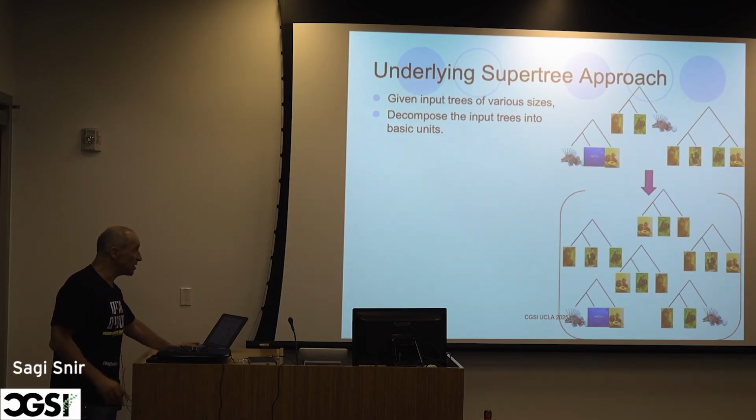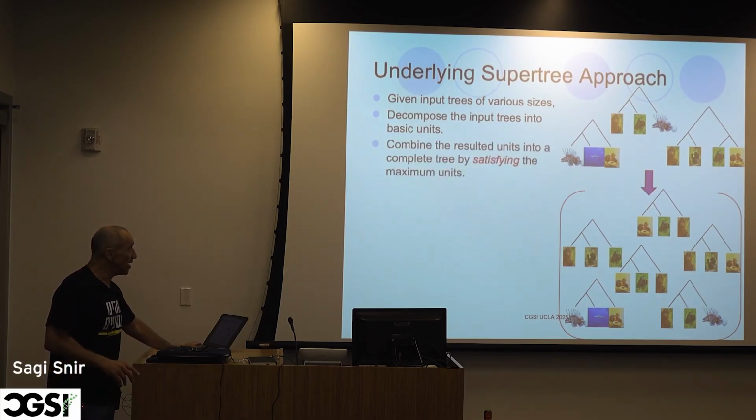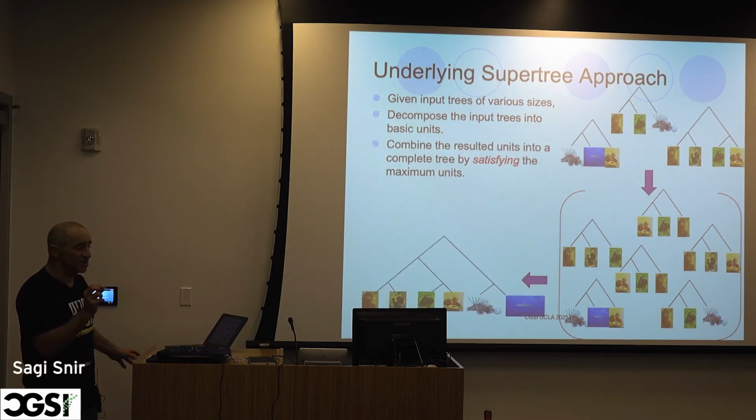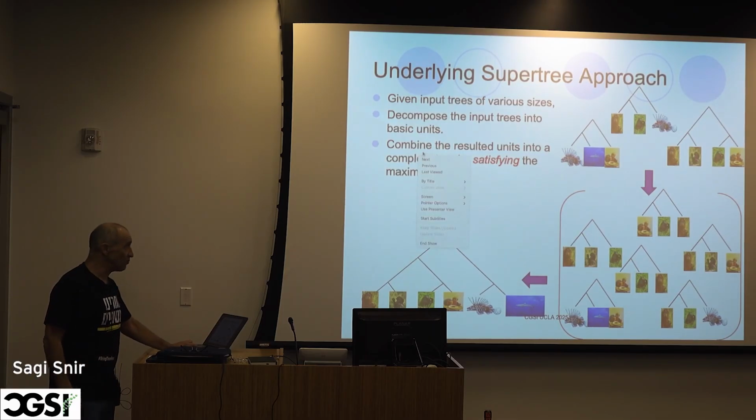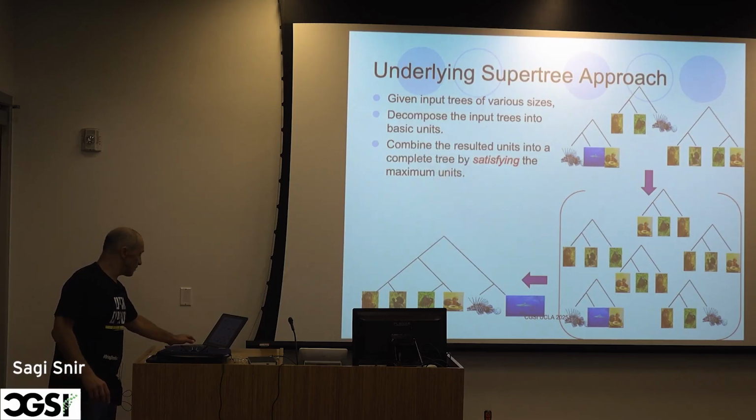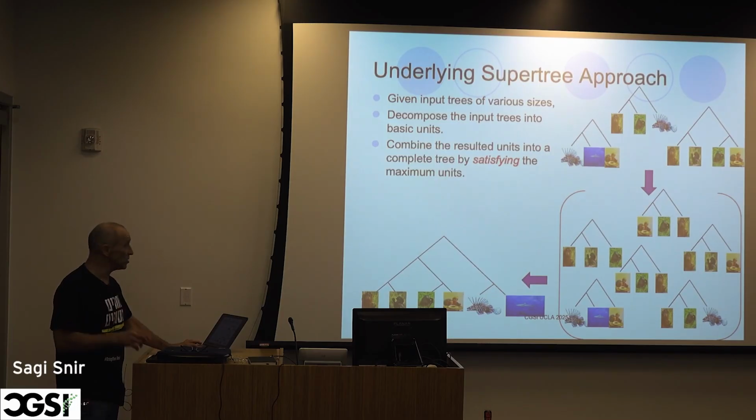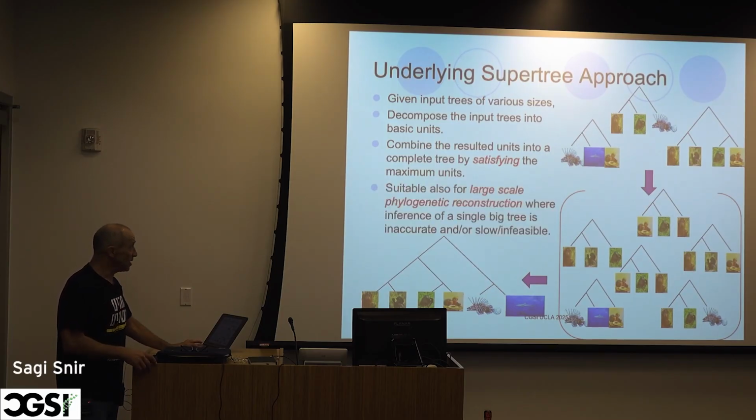So we combine them all together, and we get the tree that satisfies all these triplets. Let's now review how we do that. It's a very cute algorithm.